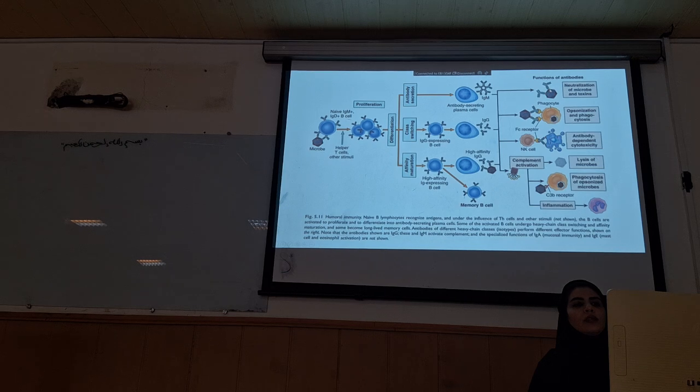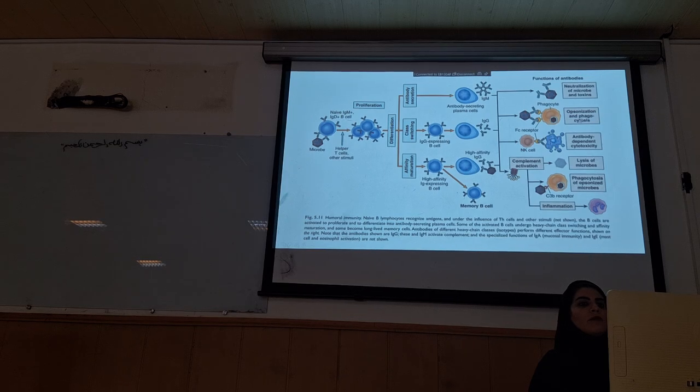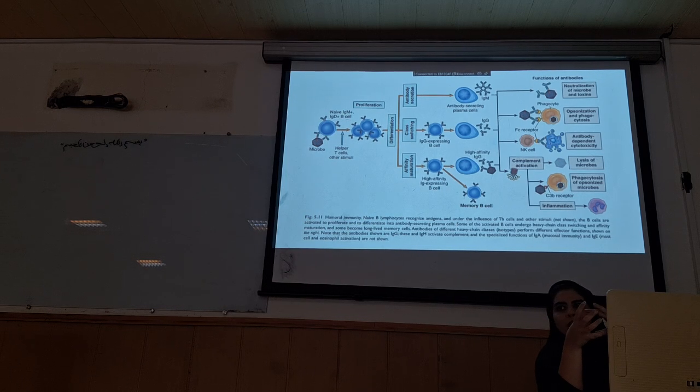Antibody may attach to the surface of microbes and neutralize them, or they may opsonize them for phagocytes. You know what is the process of opsonization? Opsonization means making delicious. The antibody attaches to the surface of the microbe and makes the microbe delicious for the phagocytes to phagocytose them.